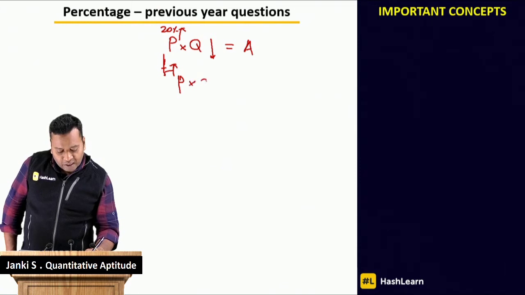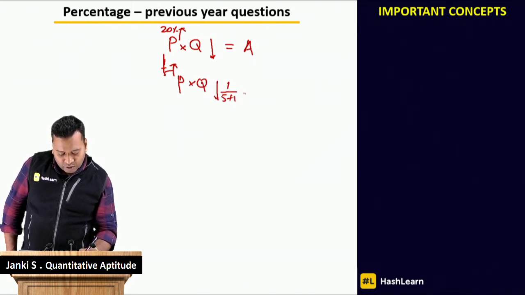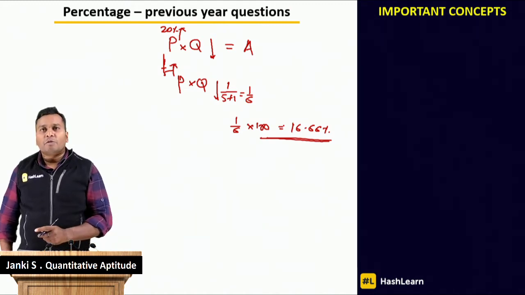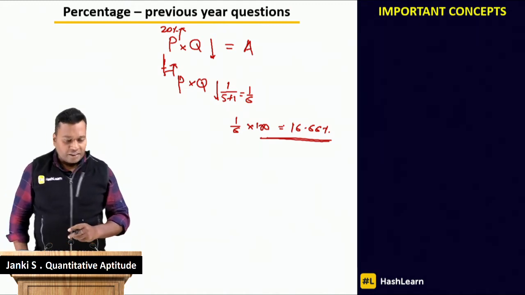So my consumption of petrol should reduce by 1 divided by 5 plus 1, or else 1/6 का reduction होगा. So 1/6 of 100 is nothing but 16.66%. इसीलिए fractional values important हैं, क्योंकि अगर आपको fractional value पता होगा तो आप directly calculate कर सकते हैं, right?